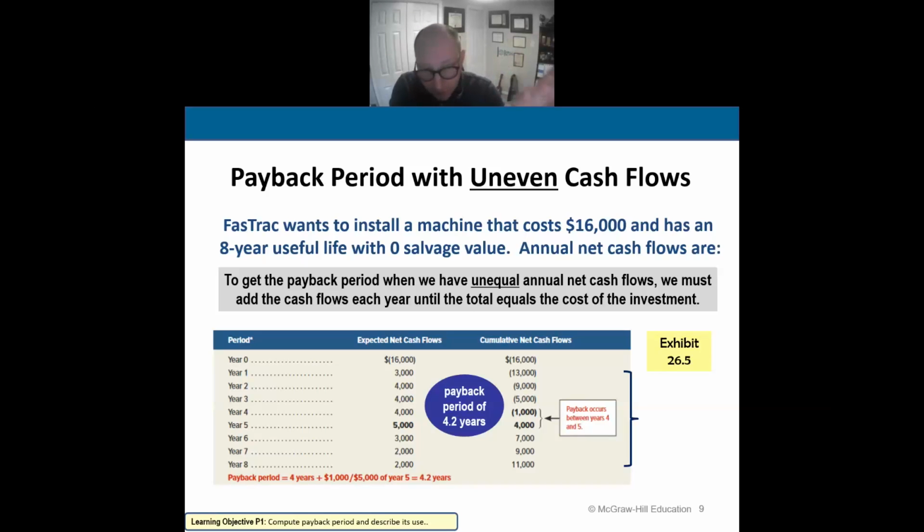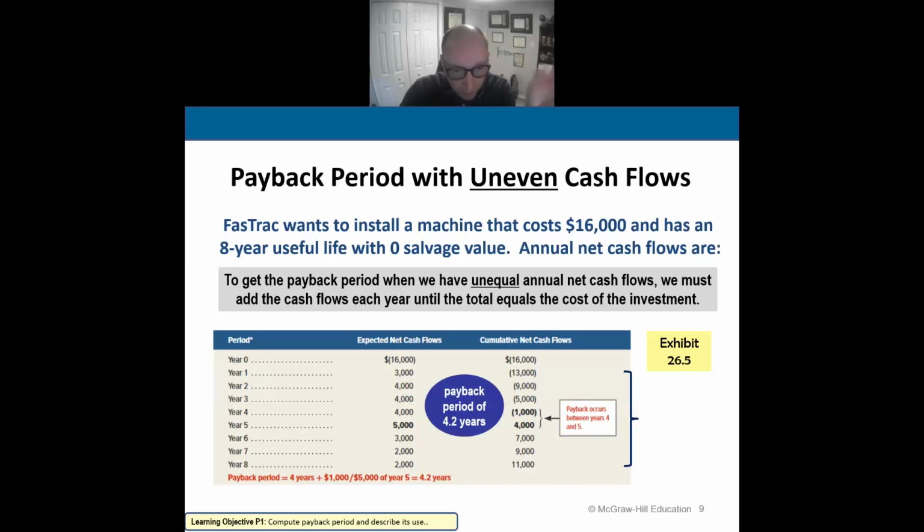So the formula for this is we know it took 4 years, plus 1,000. Why plus 1,000? Because that's what the cumulative was, minus 1,000. If we add 1,000 to 4 years, that's the point of break even. So 4 years plus 1,000 divided by $5,000 from year 5.